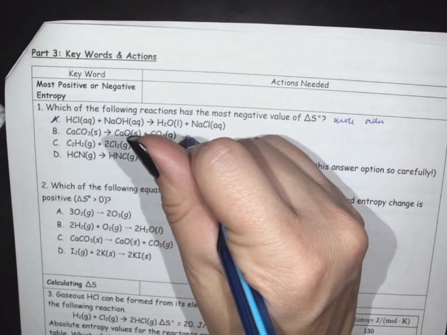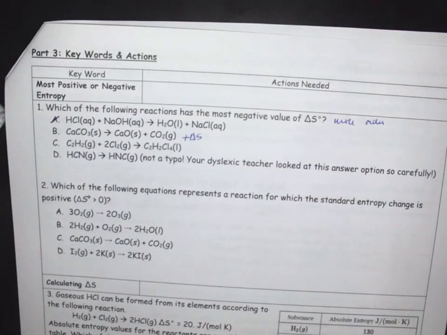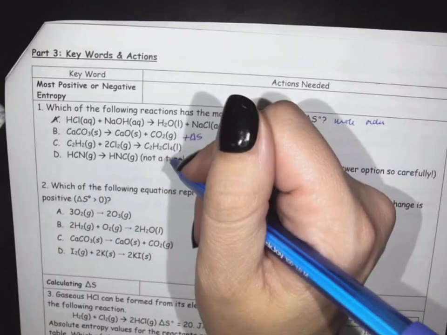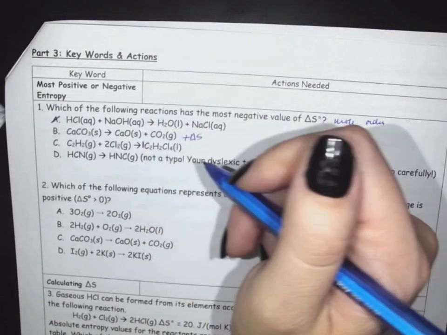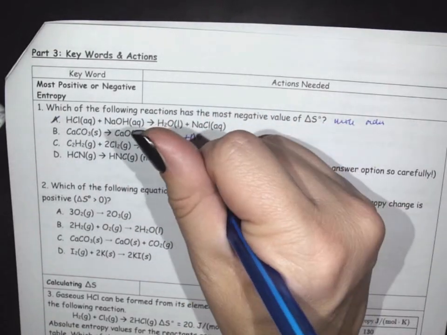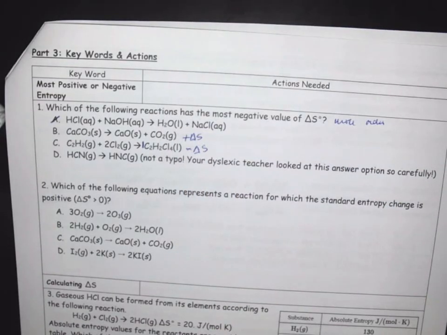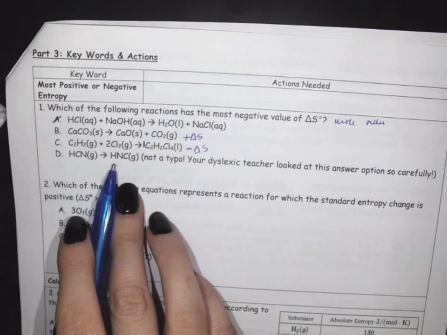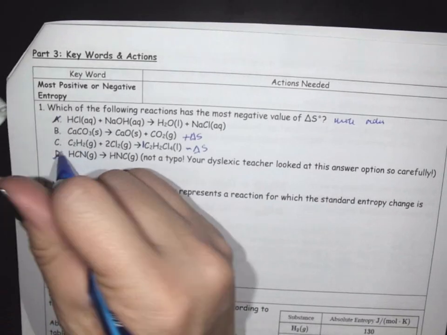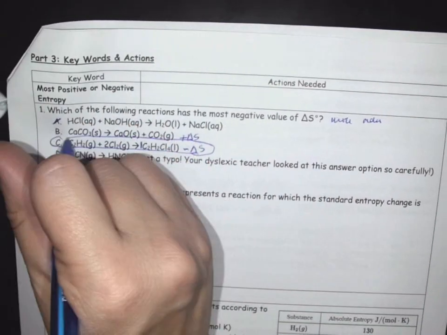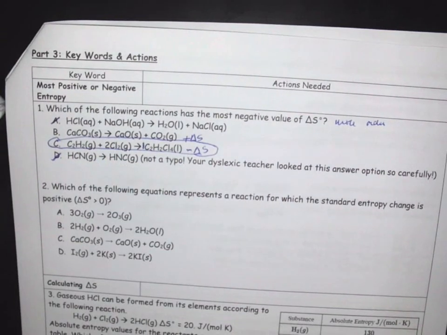That's more chaotic. So that'd be a positive delta S. Here we have 3 gas particles which are just turning into 1 liquid. That's a big reduction. That would be our negative delta S for sure. And then one gas to one gas. So yeah, don't know what's going on as far as delta S goes. So C would be our answer.